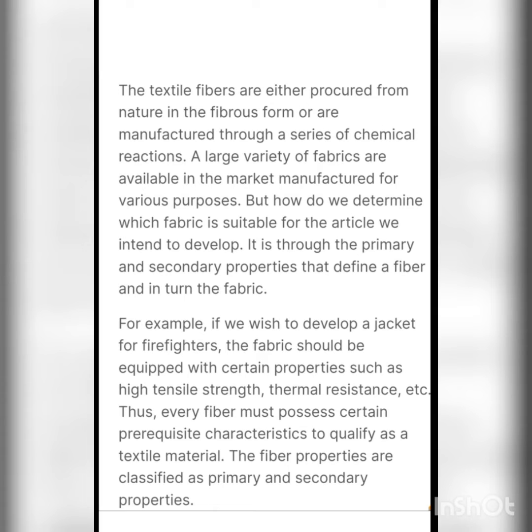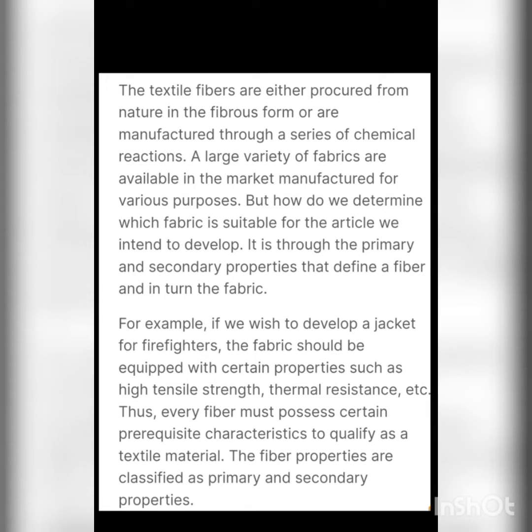So different fibers are made according to the purpose for which they need to be used. So they should have particular primary and secondary properties, right? So we will move towards the primary and secondary properties. We'll learn what the primary and secondary properties are.